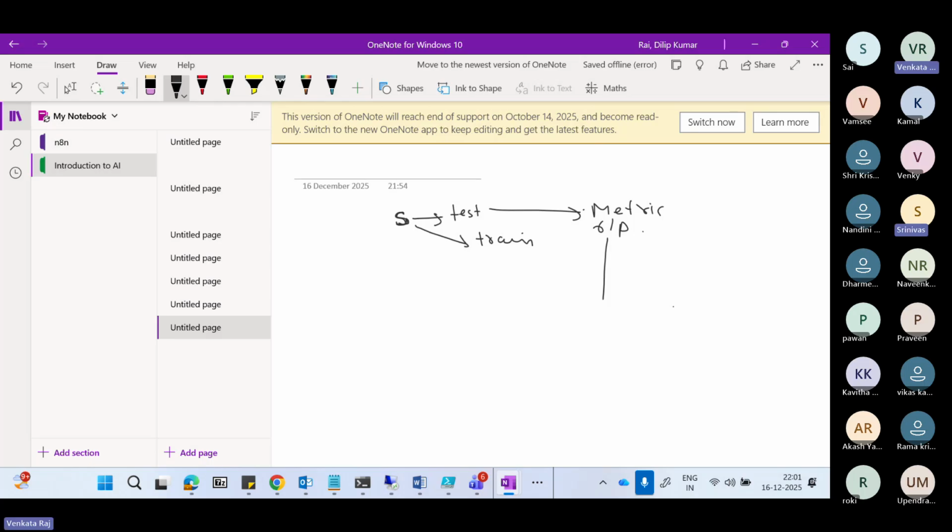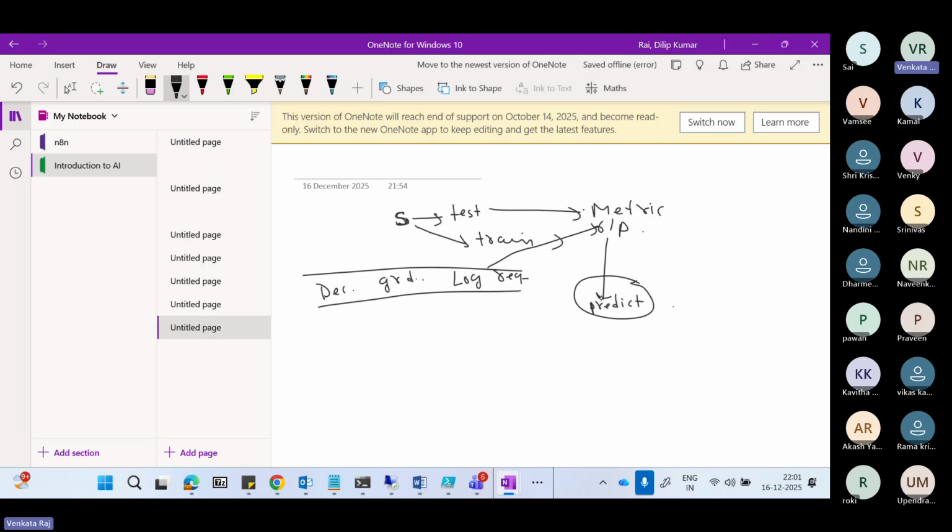For each model we'll do a prediction also, to check whether the metrics are correct or not. What is the difference between the algorithms, like decision tree, gradient descent, logistic regression? We'll apply them on different test data, then find the metrics output, and I will show you these things.